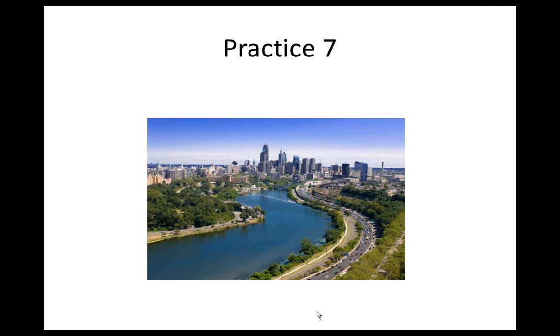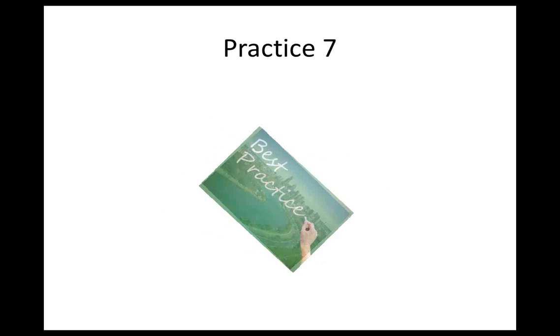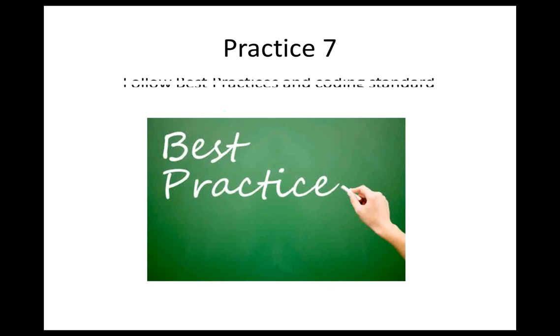So practice 7 is the best practice. The first thing is to follow best practices and coding standards. Within the development team, we have to define what coding standards we have to maintain and what best practices we should follow.